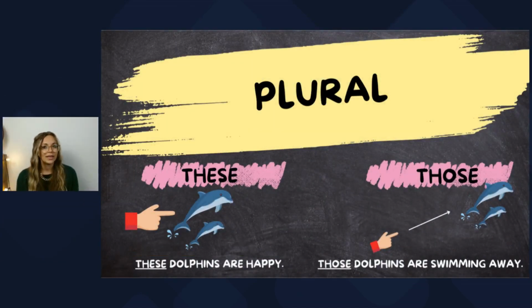We use these for words that are plural. For example, these jeans, these shoes. One pair of jeans, one pair of shoes, but we use the plural these and those. Sorry, I should say these and those because the word itself is plural.